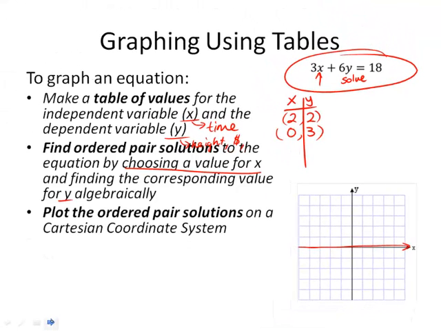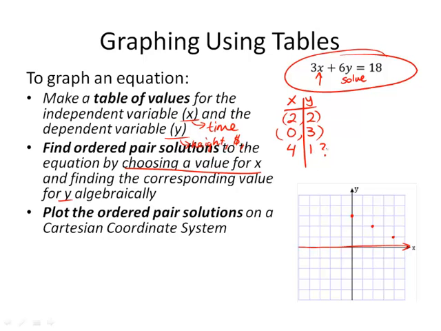Next step is to plot the ordered pair solutions on a coordinate system. So let's try that. 2, 2, 0, 3. We have 2 points representing the number of Zango juice and the number of yam wraps. You can see that the pattern could be continued. So for example, the next number here that should work would be 4 Zango juice and 1 yam wrap.